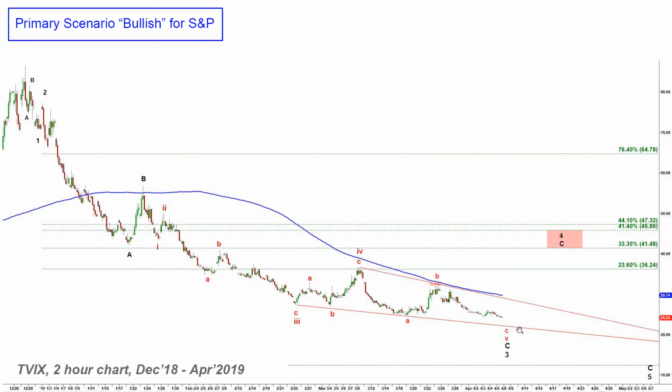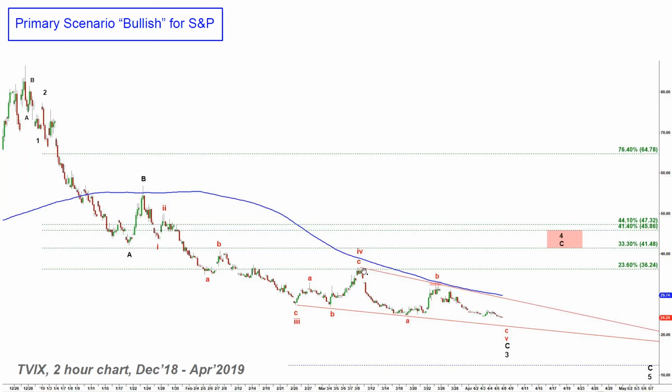But because we are very close to bottom in wave C of 3, black labels, we may get a nice corrective move up in volatility and corrective move down in US markets. And here we can expect volatility to go up at least to 36. I mean, TVIX can go up at least to 36.